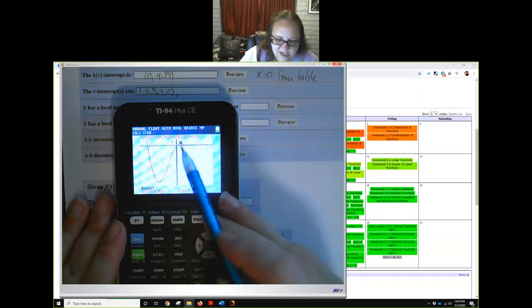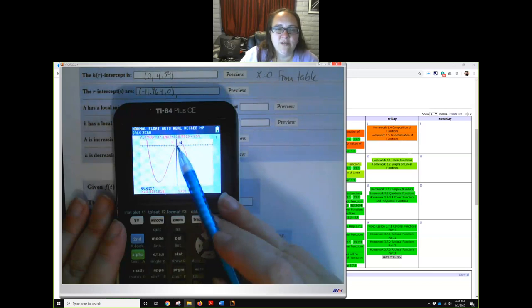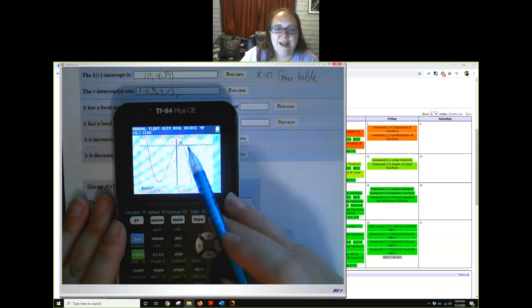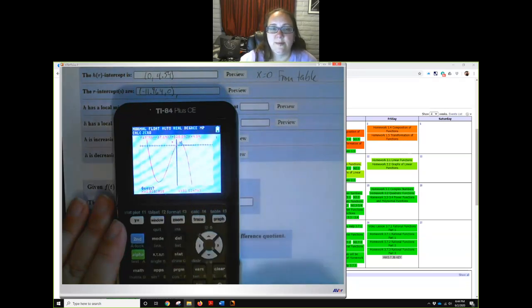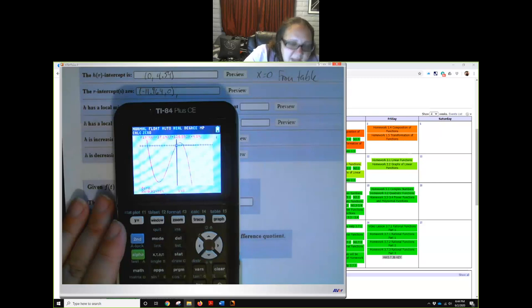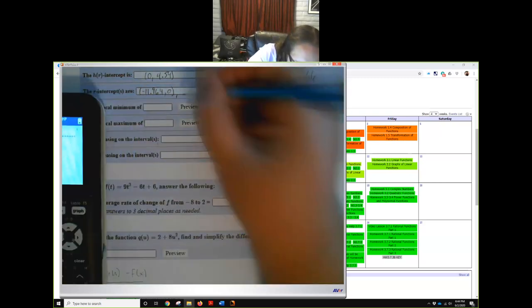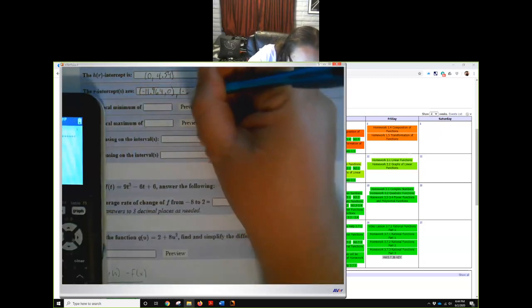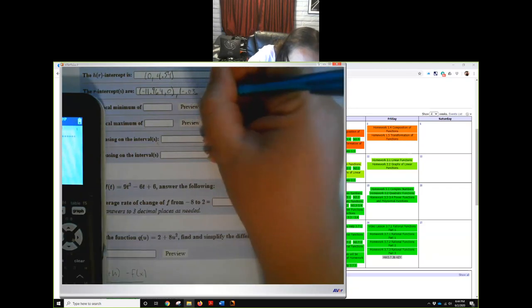So see how I'm giving it a bound where this one 0 is a part, but this second 0 is not a part? And then enter again. Negative 0.035.